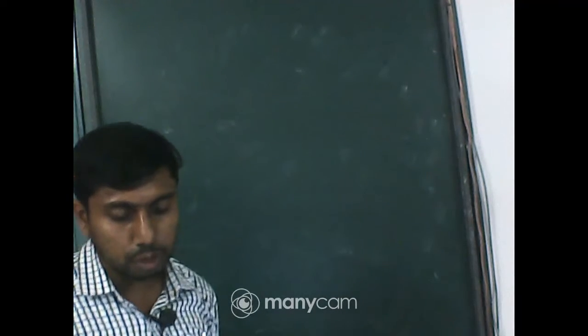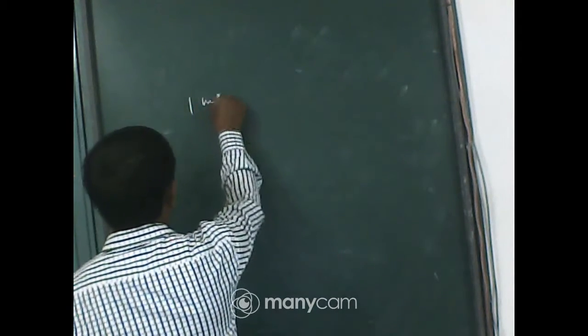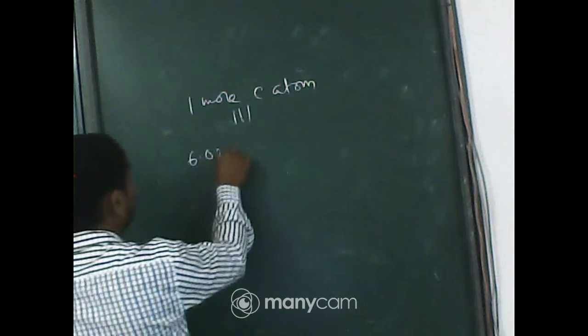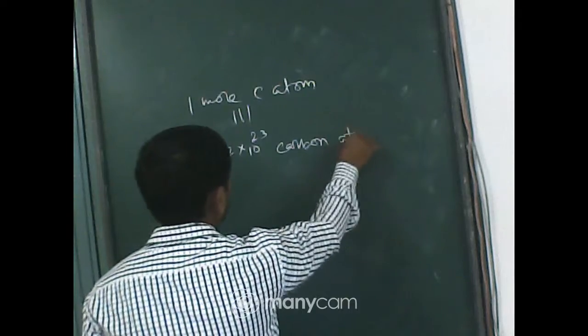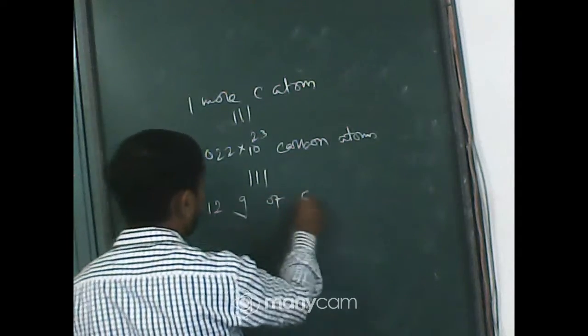One mole, just point out the first line: 1 mole of carbon atom, not molecule. On the left side it is 6.022 × 10^23 carbon atoms, and on the right side it is the mass, that is 12 gram. So 1 mole of carbon atoms is equal to 6.022 × 10^23 carbon atoms, and in the same way it is equal to 12 gram of carbon.